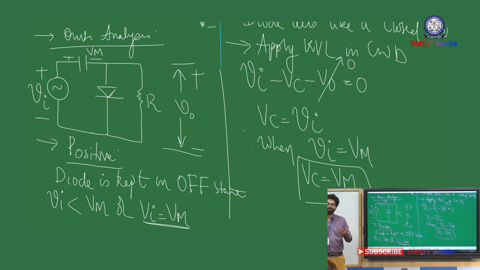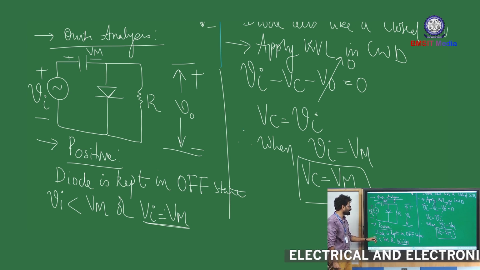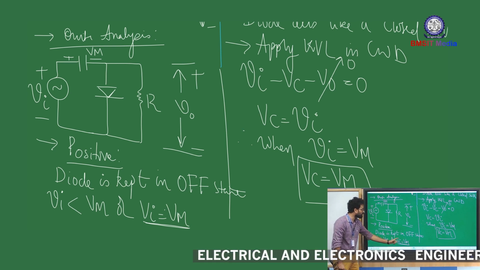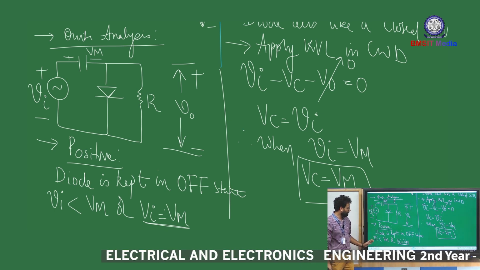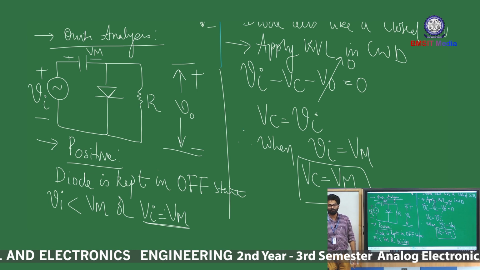But the input can never be greater than Vm, because Vm is one of the instantaneous values of the input itself. So whether Vi is less than Vm or equal to Vm, the diode D is maintained in the off state.